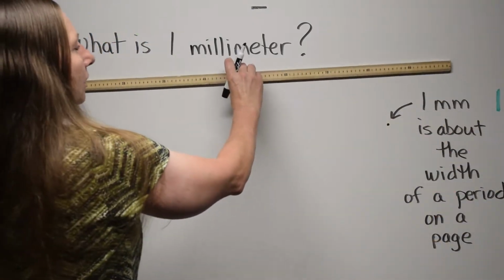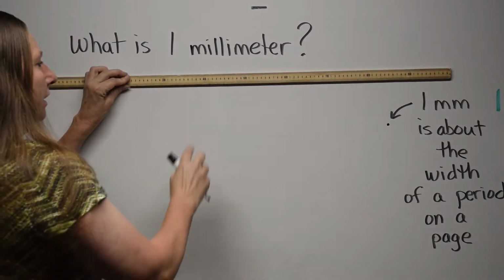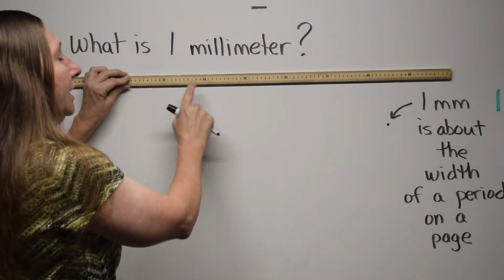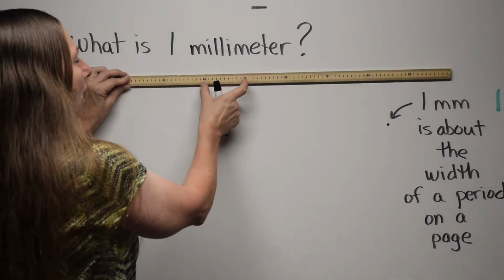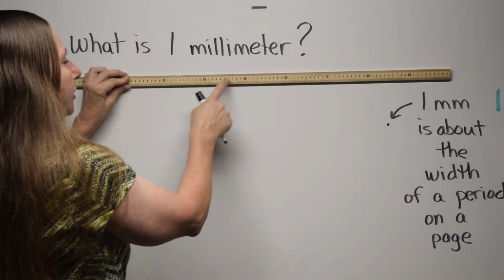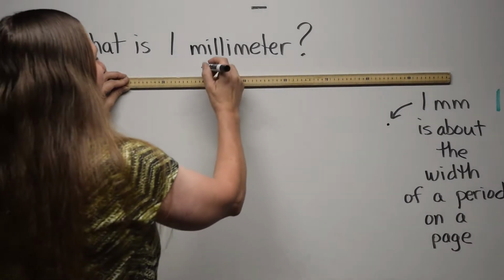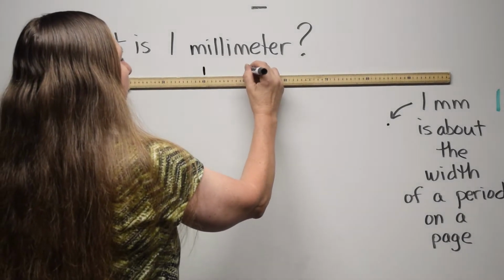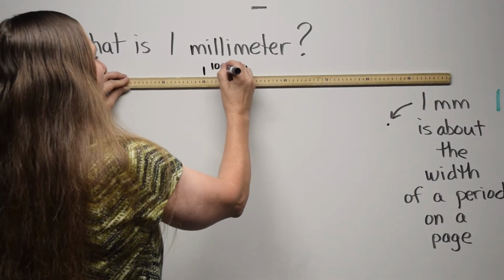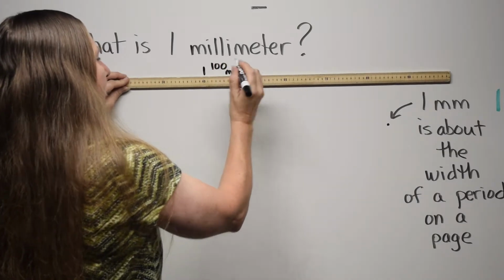Well, look at the meter again. These tiny, itty-bitty, tiniest lines are millimeters. And from here to here, there are 100 of those tiny little lines. From here to here, there are 100 millimeters.